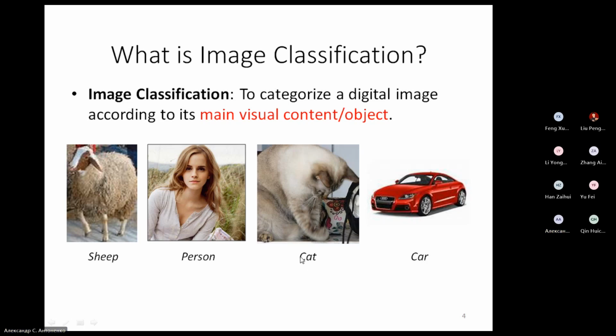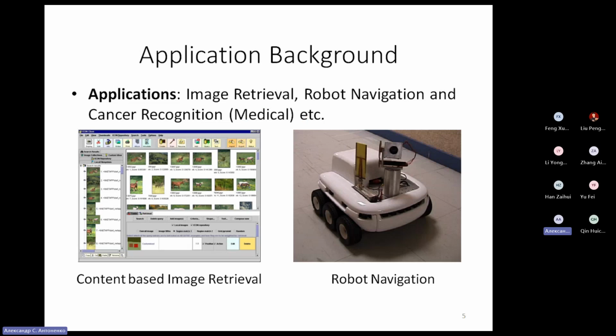So this is a very fundamental and well-defined task, and it can be regarded as a benchmark for different algorithms. If we know how to solve image classification, then maybe this algorithm can solve potentially more complicated tasks. But to start from something not so complicated, we can start from image classification.